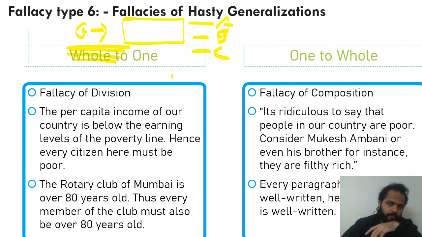If you come to know about one individual who belongs to that group, you'll overlap these characteristics onto that individual as well. Just because these people in this group generally have these characteristics, this individual, because he comes from that group, must definitely have the same characteristics, right? That's called the fallacy of division, the first type of fallacy of hasty generalizations.